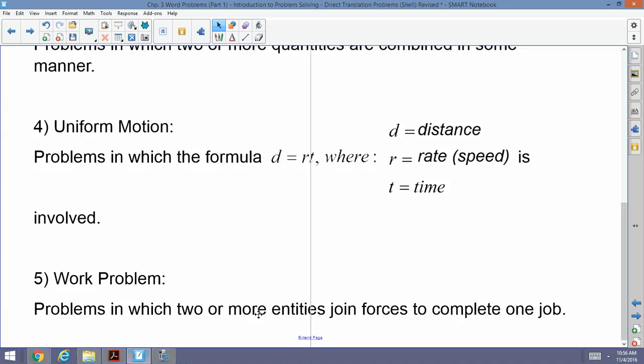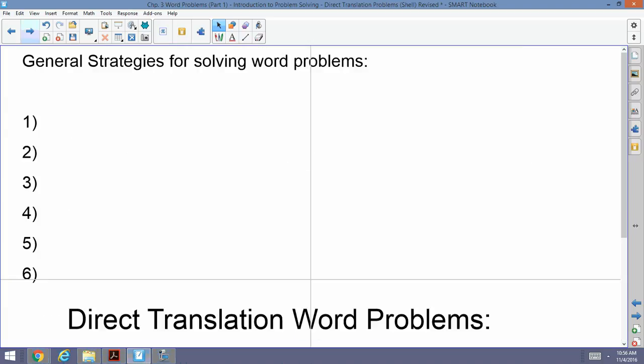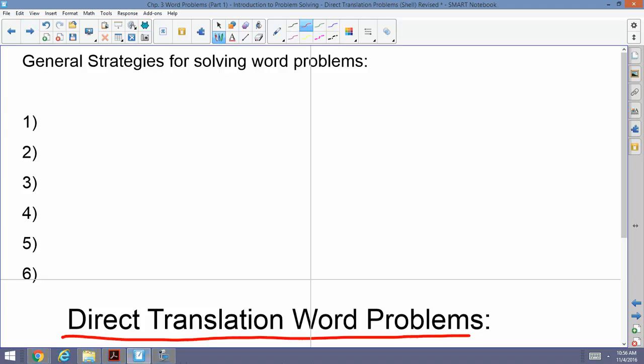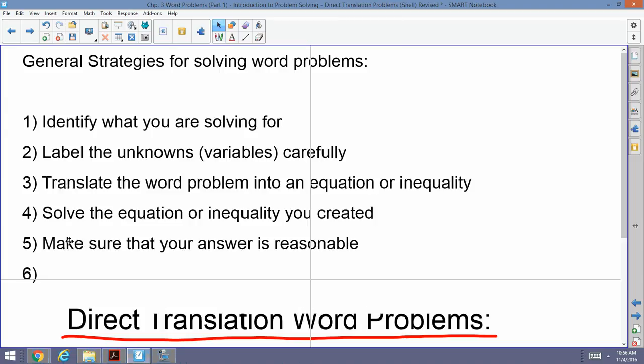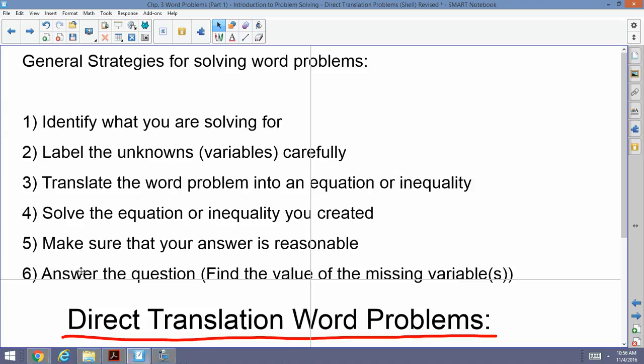Now, last thing, the general strategies for solving word problems. On Monday, we will start right here where it says direct translation word problems. So step 1, let me just put them all out so you have it, and I'll explain it now.